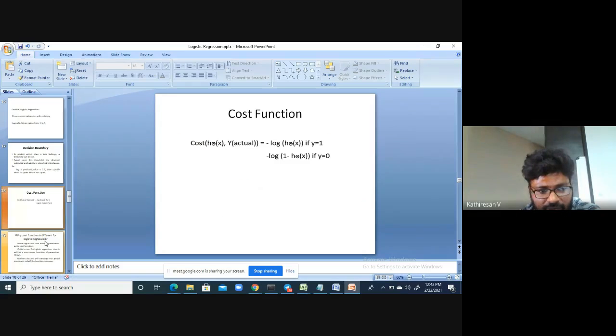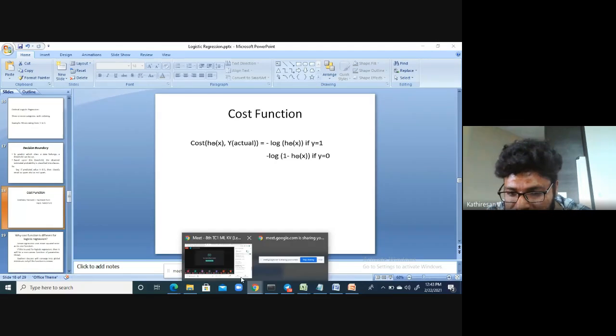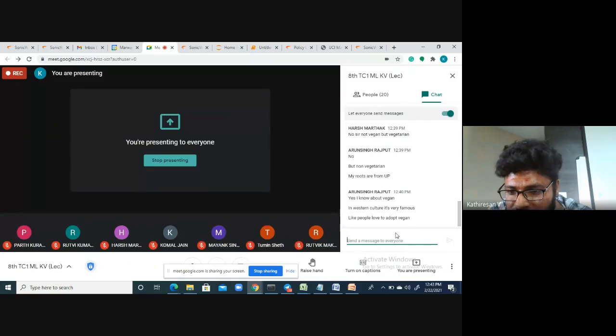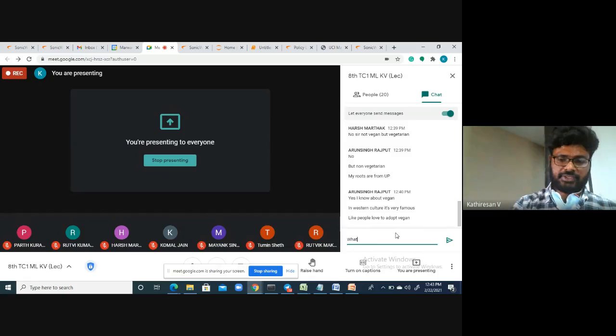Here we are going to see about the cost function. Cost function is a very important thing. Actually, what is the cost function with respect to simple linear regression? Anyone? What is the cost function of simple linear regression? I need your answer here.